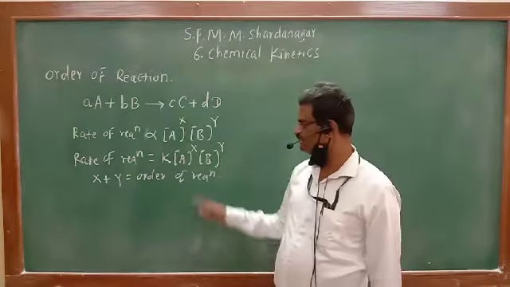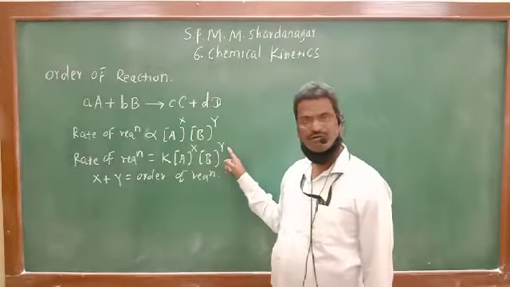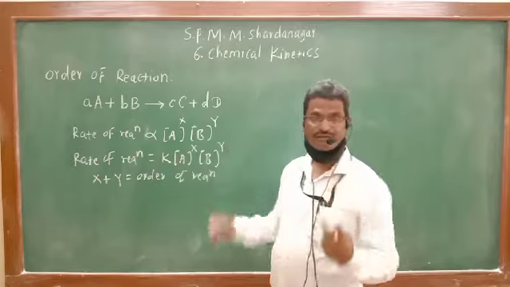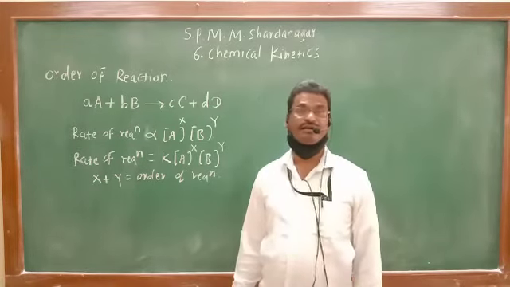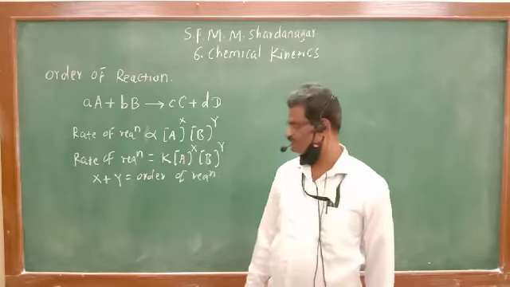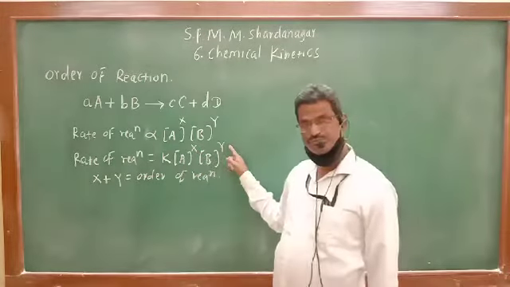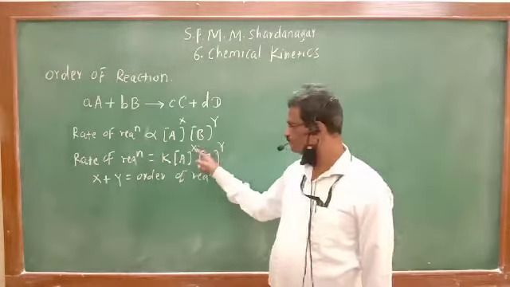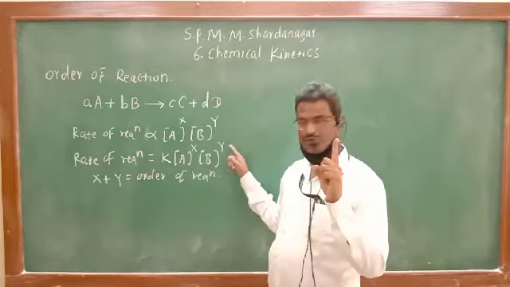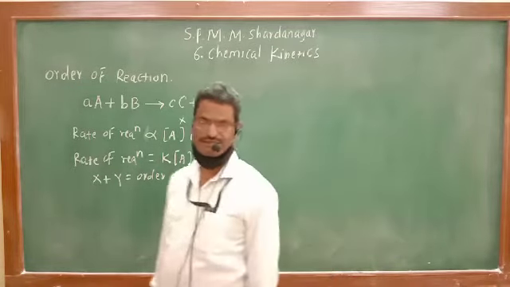Simply, if x is 1 and y is 1, what is the total order? 2. That reaction is known as a second order reaction. If x is 1 but y is 0, 1 plus 0, what is the summation? 1. Therefore, at that time it is known as a first order reaction.